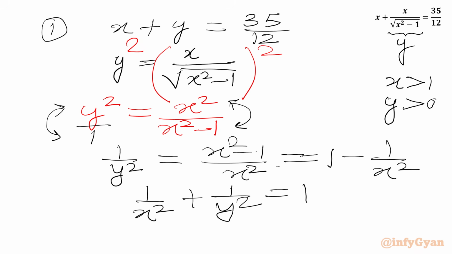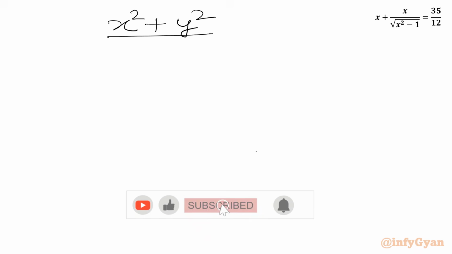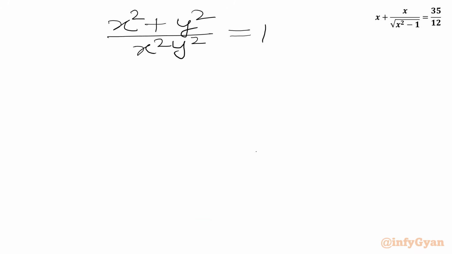We have a condition on x and y: x is greater than 1 and y is positive. We have equation number 1 over here, x plus y equal to 35 over 12. Now we will take the LCM over here. We will get (x square plus y square) over x square y square equal to 1. Now x is greater than 1, y is greater than 0, so xy is positive.